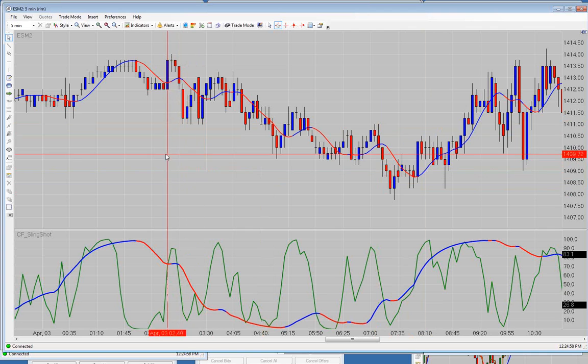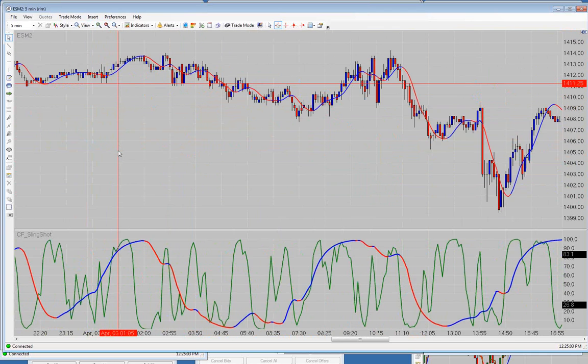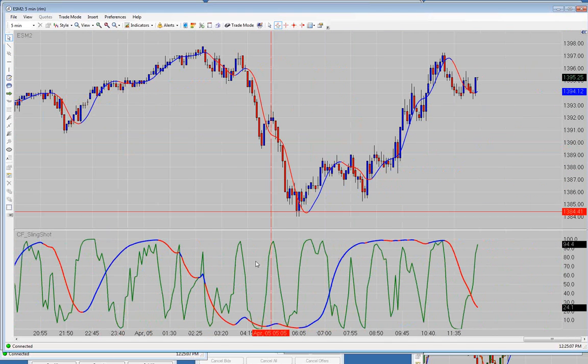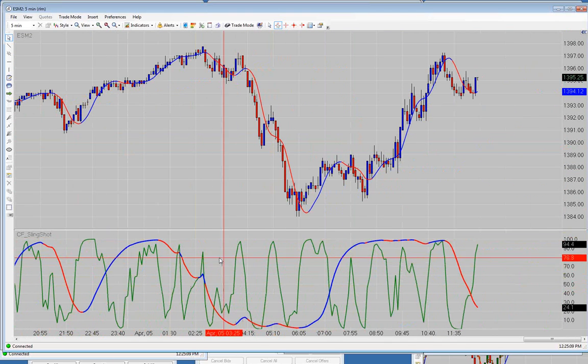Alright, now to expound a little bit on the MA1 that Dwayne had just shown you before I came on here, I just threw our new slingshot indicator on here. The thing that just jumps out at me, this is the first time I've looked at it on a 5-minute chart, but the idea is to have something that you can trade across all markets and all time frames.